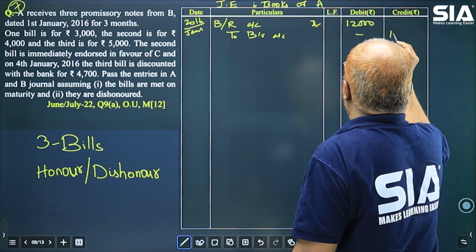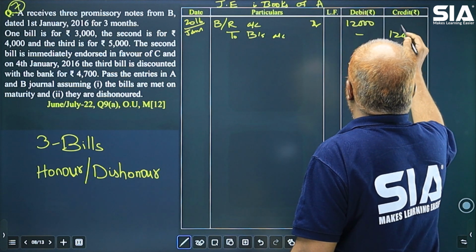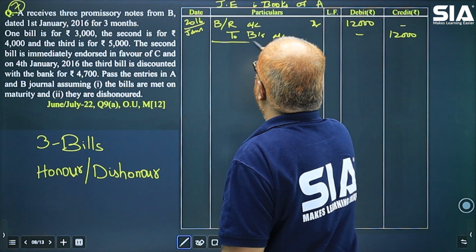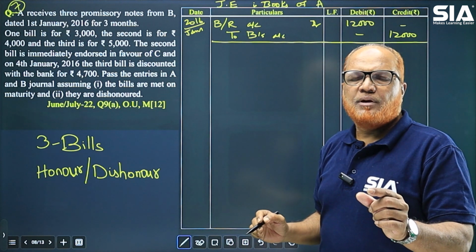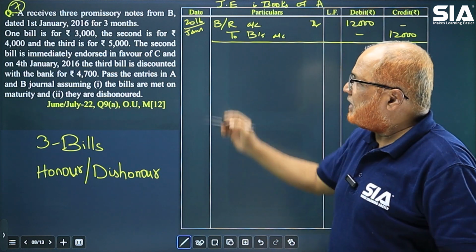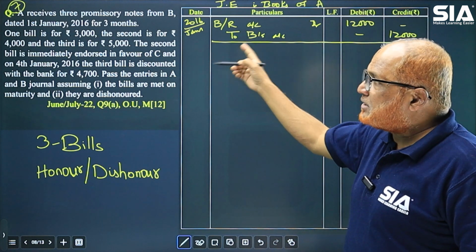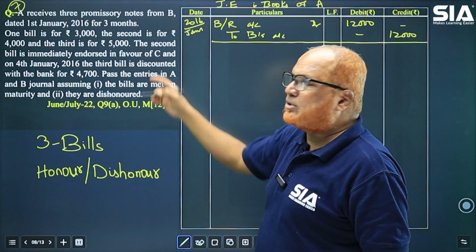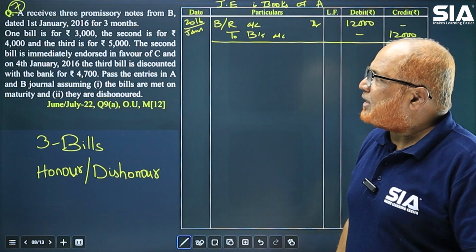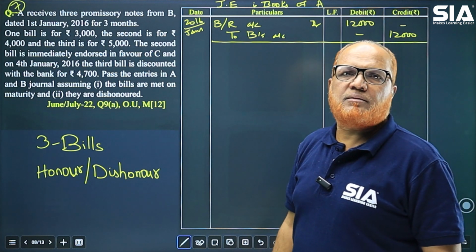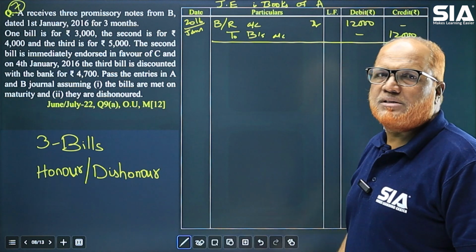So only one entry we will pass for all the three bills. Here after writing this, give the narration. Being three promissory notes of 3,000, 4,000 and 5,000 received from B, which are due after 3 months. This is the entry on bills received.